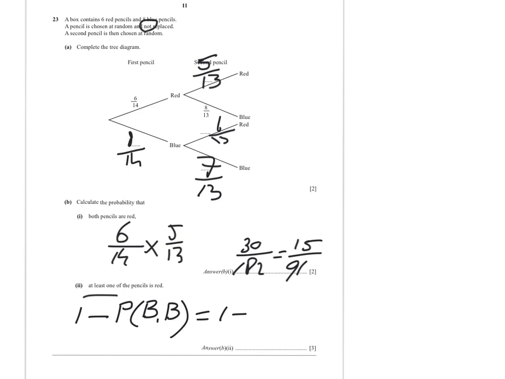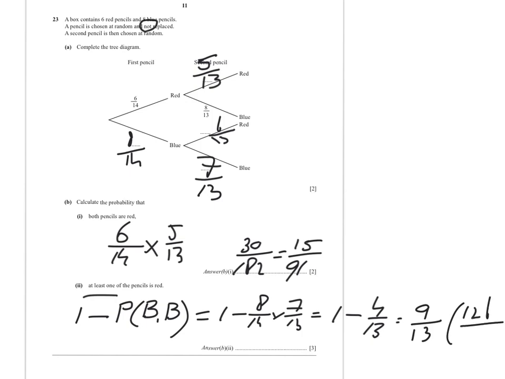So 1 minus 8 over 14 times 7 over 13. So 8 divided by 14 times 7 divided by 13 equals 4 over 13, so that is 1 minus 4 over 13. And that is going to give you 9 over 13, which is equivalent, by the way, to 126 over 182. Your calculator simplifies that automatically, but you don't have to. So that is the final answer.